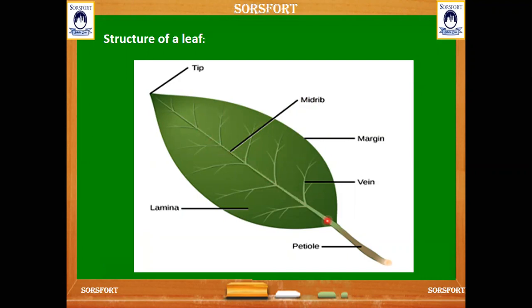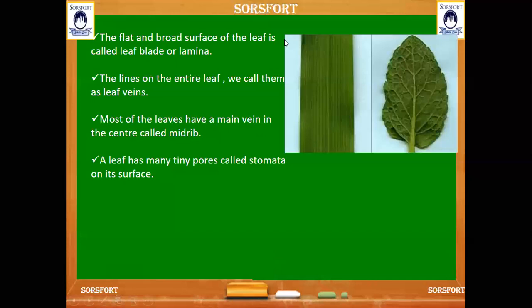This long centered line we cannot find in some plants. For grass-like plants, there are long lines, which are the veins of that leaf. They are arranged in straight lines, and they do not have the midrib like this leaf.